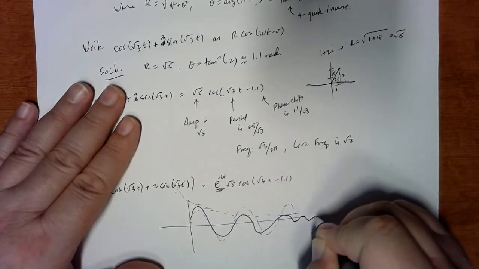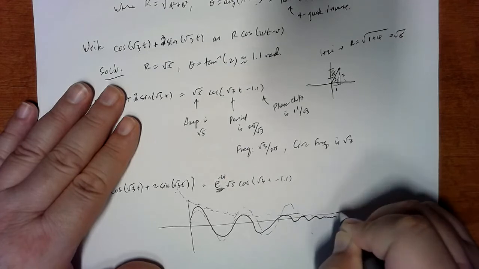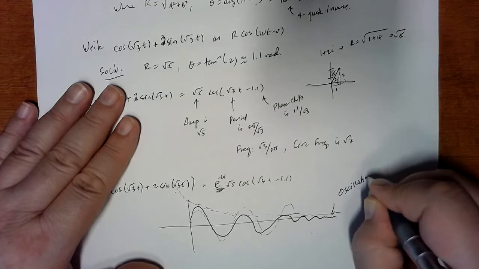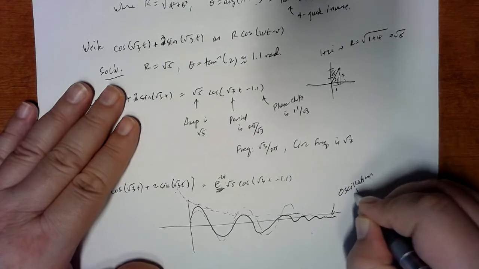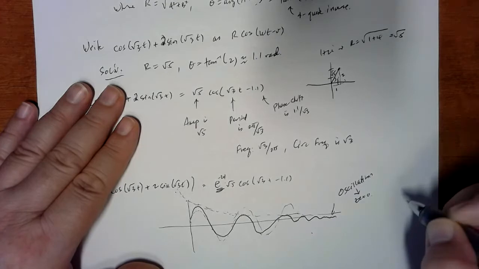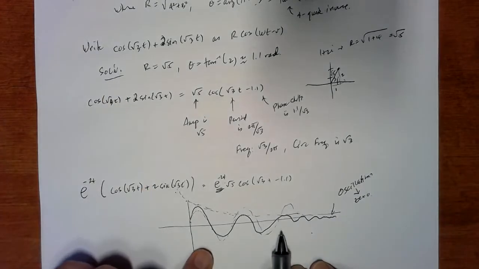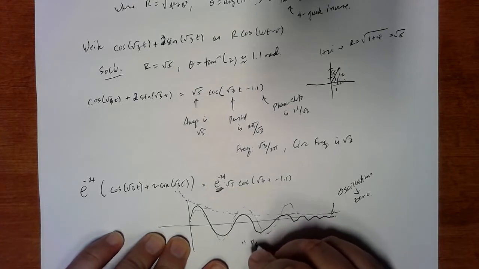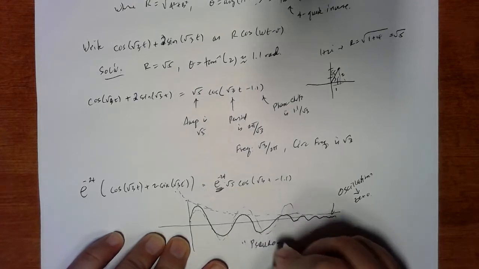And so the oscillations start dying off. So the oscillations are going to 0. And so this is not a periodic function, right? In our book, we call this a pseudo periodic function.